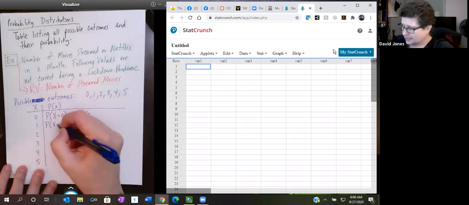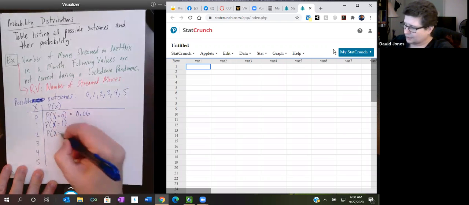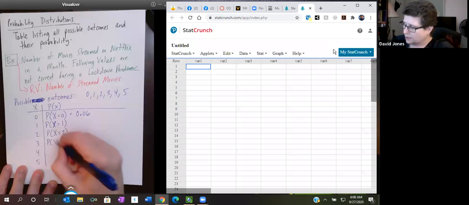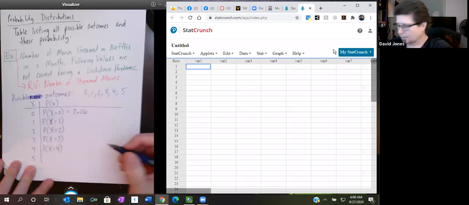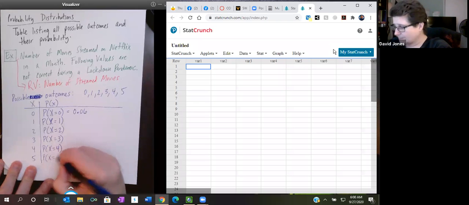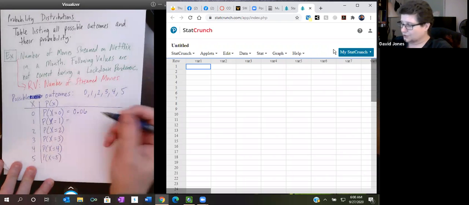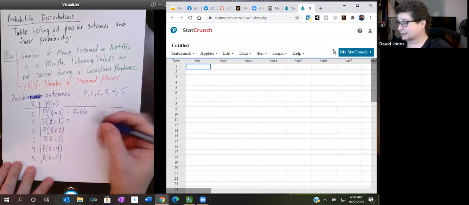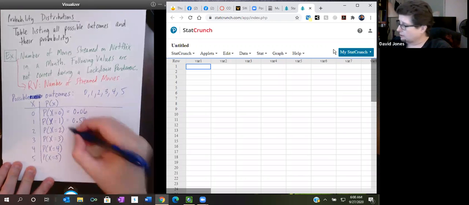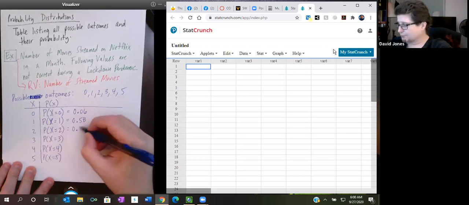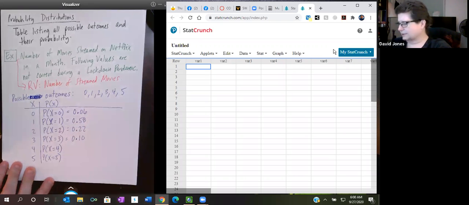And in each of these cases, big X equals a specific value. So probability that X equals 1, X equals 2, probability that X equals 3, probability that X equals 4, and probability that X equals 5. That's what this means. And let's give it some values. So 0 movies will be 0.06. 1 movie will be 0.58. 2 movies will be 0.22. 3 movies will be 0.10.